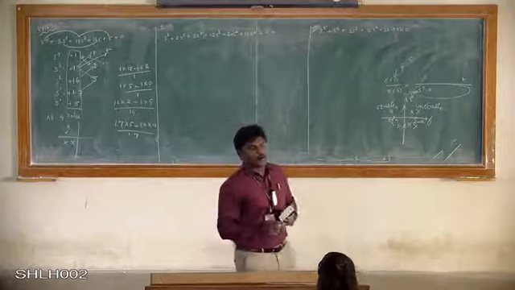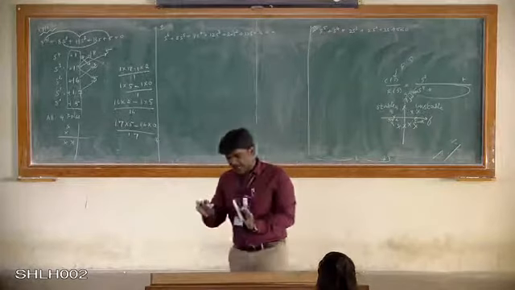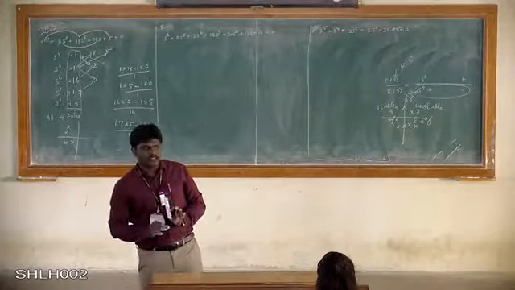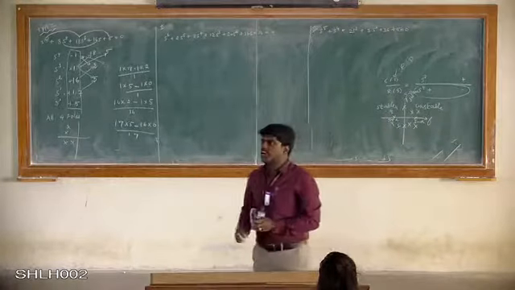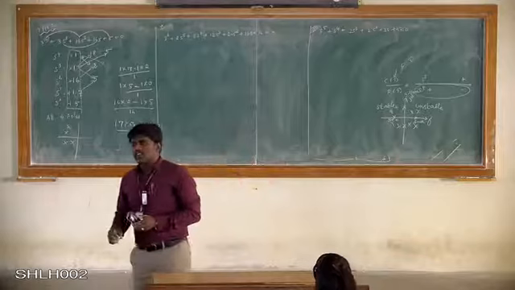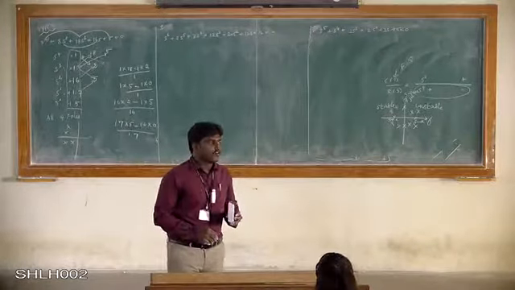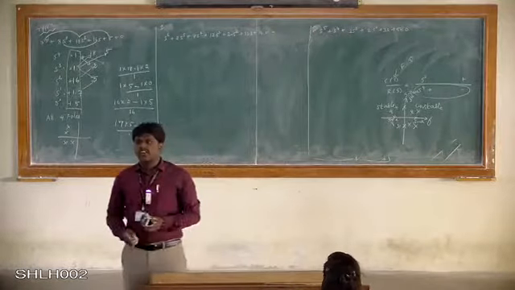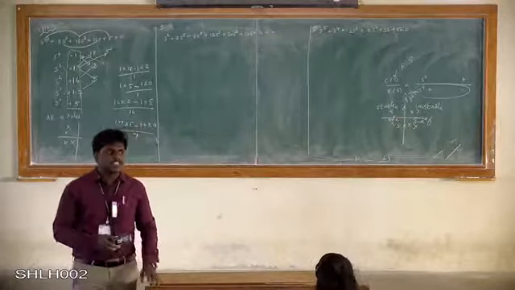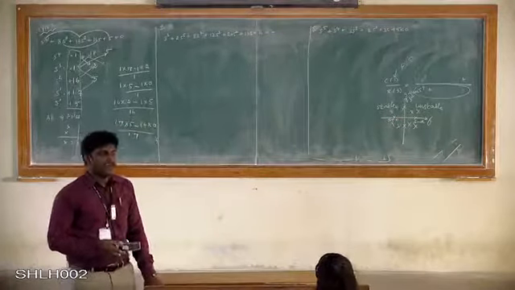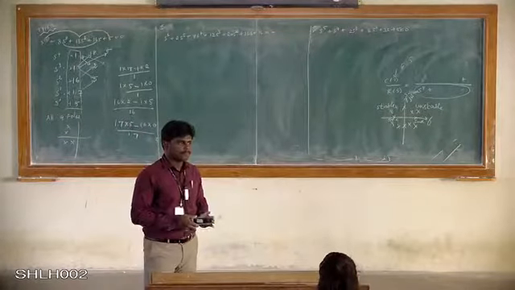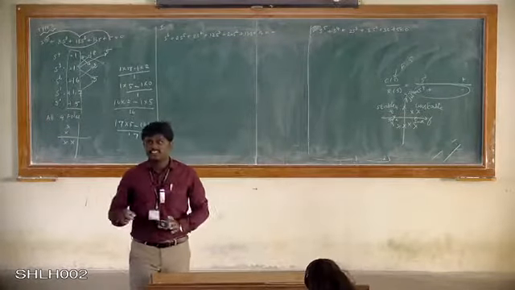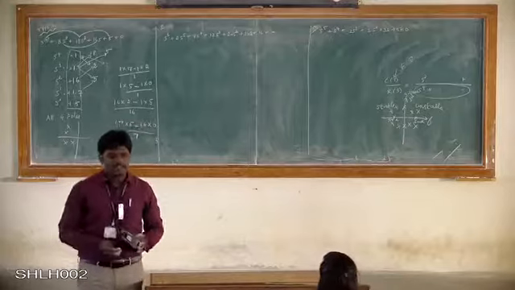Therefore, all the 4 poles will be lying on the left half of the S-plane. Then the system is stable.